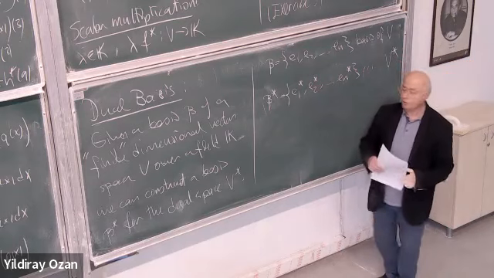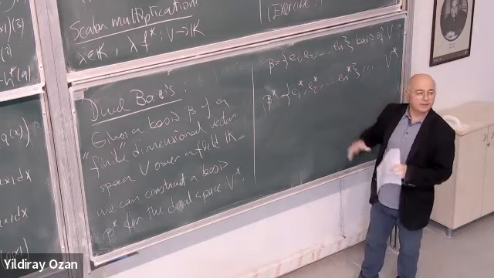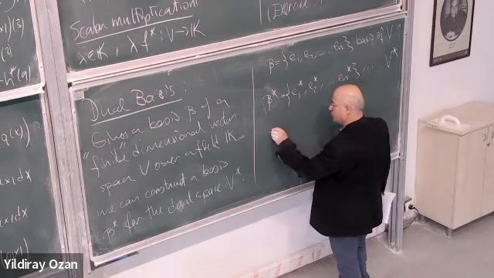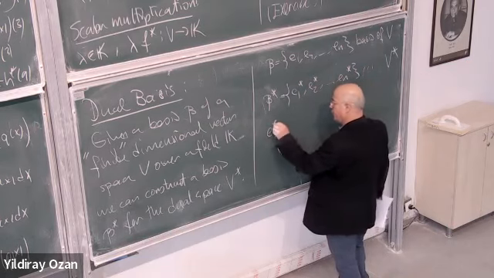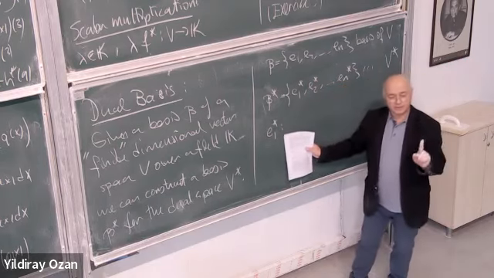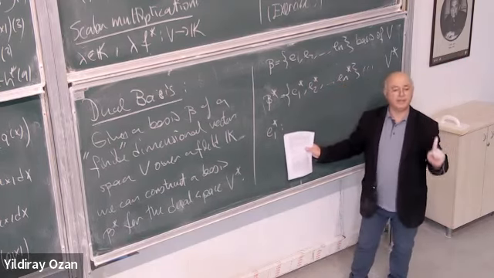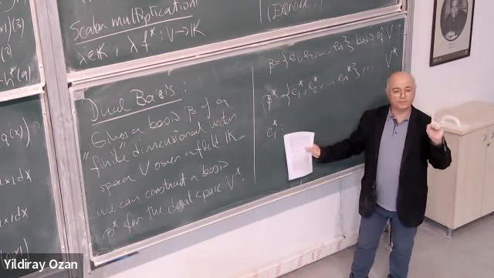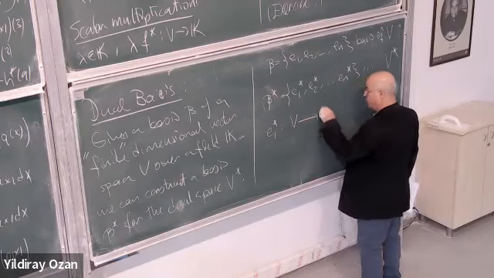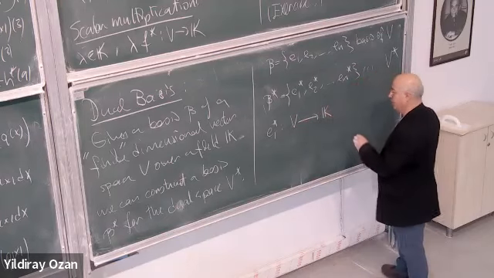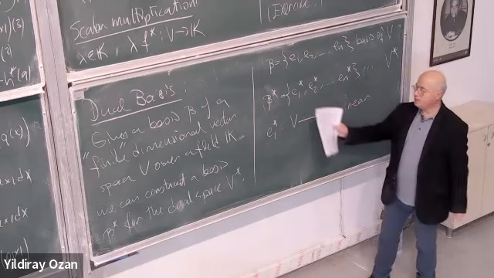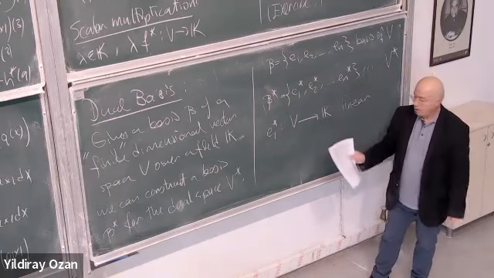I have to tell you what these elements are. Now, these elements are defined as follows. E1 star, what is E1 star? E1 star must be a linear map from V into R, right? It should be a linear map. These are all linear maps.